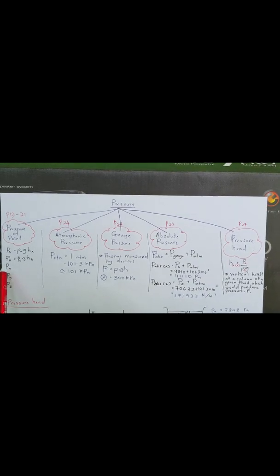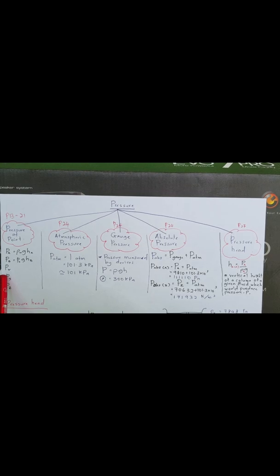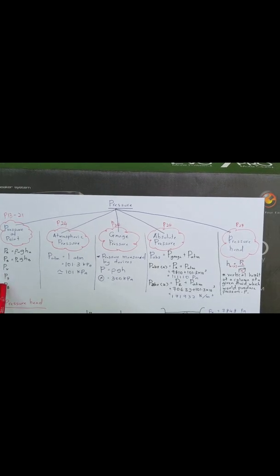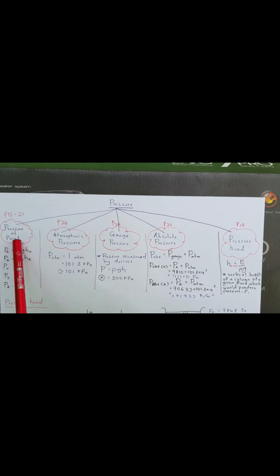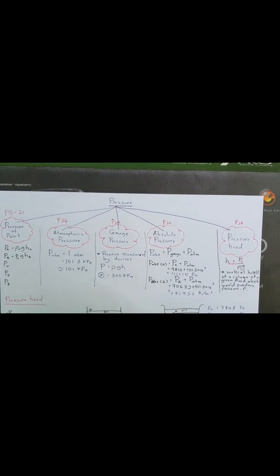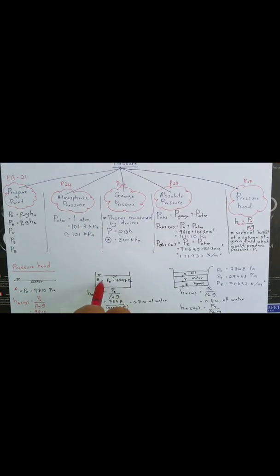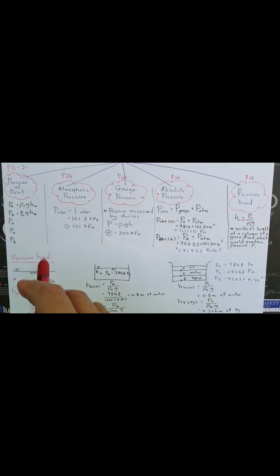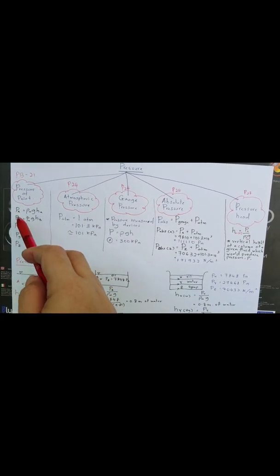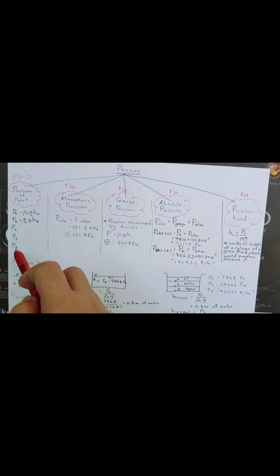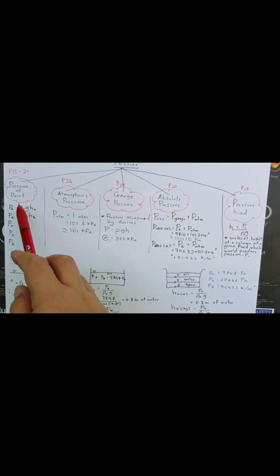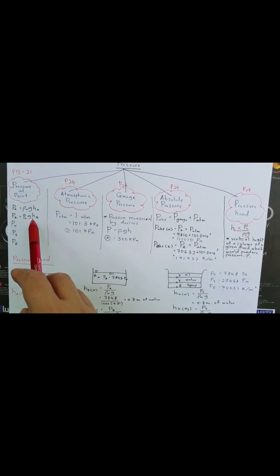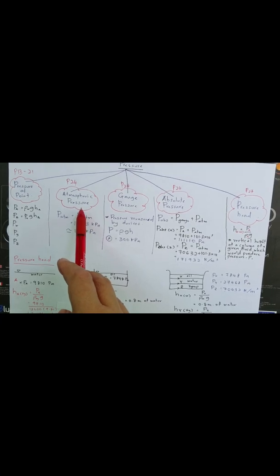We calculate pressure Y in the multi-layer of the liquid, and also pressure at Z. All those pressures we call pressure at point, means kita refer dekat satu point. So we call it pressure at point. Which point? Point A, point B, point X, Y, and Z. Okay, so what is the equation for pressure at point? Rho g h. Okay, clear?